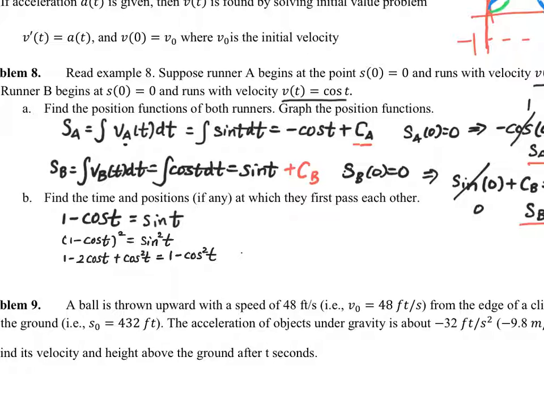Now let's simplify this one. We can see that 1 and 1 cancel, and we're left with minus 2 cosine t. Now when we move the right-hand side to the left-hand side, negative cosine squared t becomes positive, so we have 2 cosine squared t here.